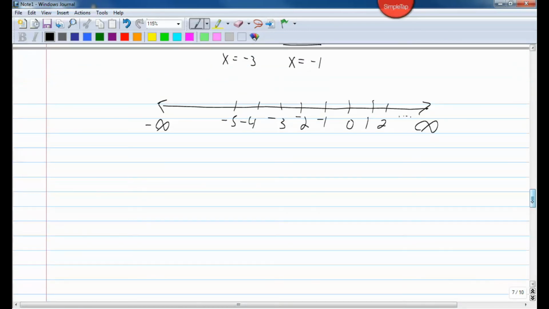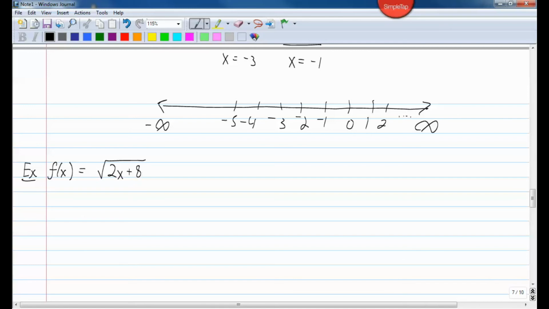Alright, let's see what happens if we have a square root. Let's say that my function was equal to the square root of 2x plus 8. And I want to figure out what I can plug in and get out real number answers.